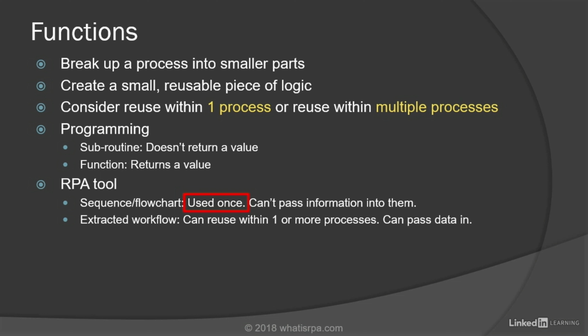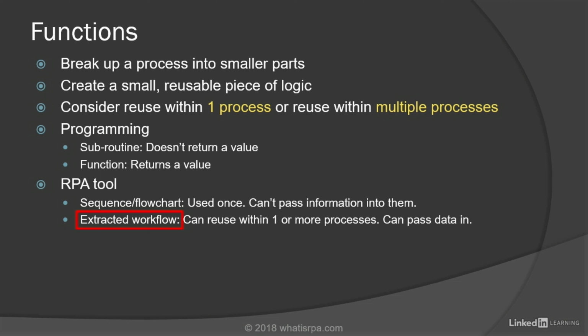And that creates duplicated steps, as opposed to reusing one thing. The other slight downside or consideration is that you can't pass information into them. They're pretty much self-contained, they have a series of activities they do, and then they move on to the next sequence or flowchart.